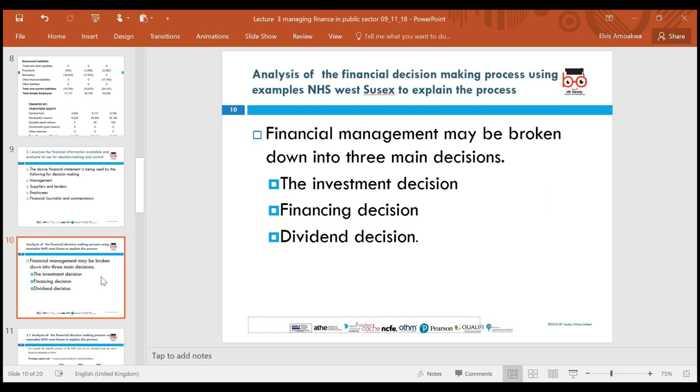And then if it's a public organization that you can buy shares in, you are still going to look at their financial position and decide whether you want to buy shares, because at the end of the day, you're going to get dividend from your investment. So the decision making that we're going to analyze can be broken down into investment decision, financing decision, and dividend decision. Right, let's go on to the next slide.